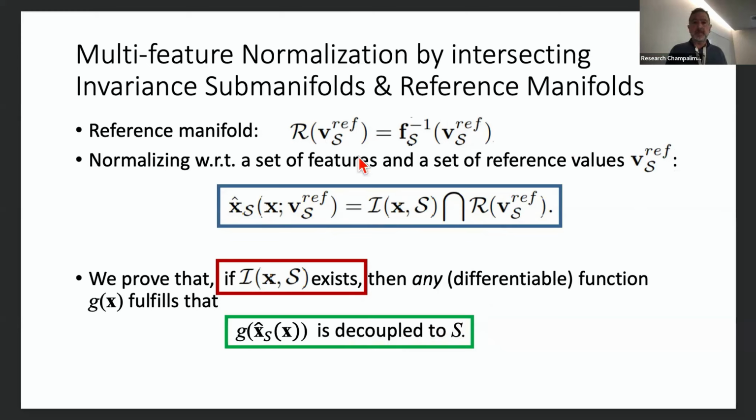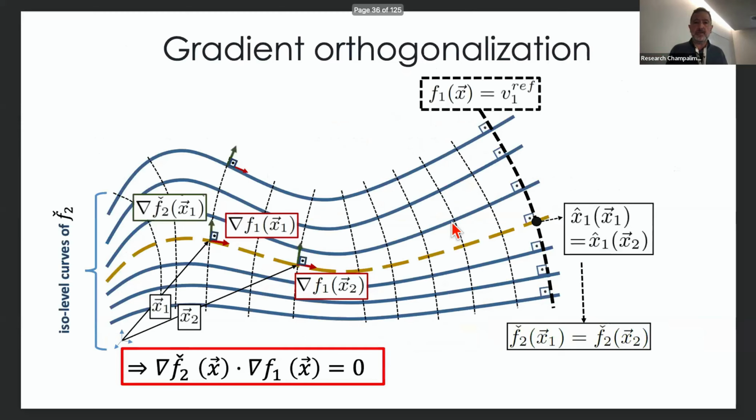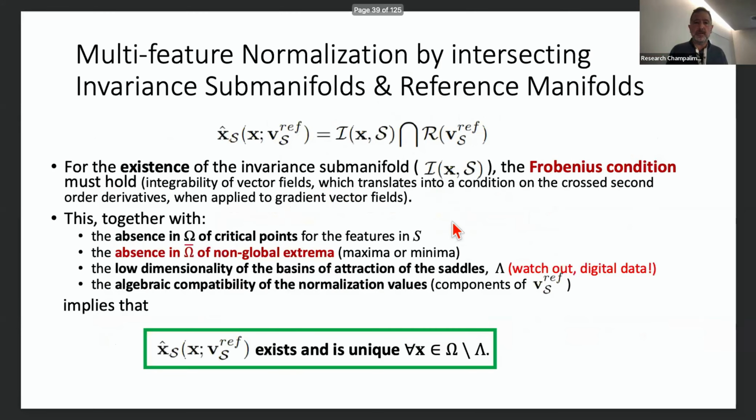This manifold exists if F behaves normally, right? As the intersection of this. There are some conditions that must be held.